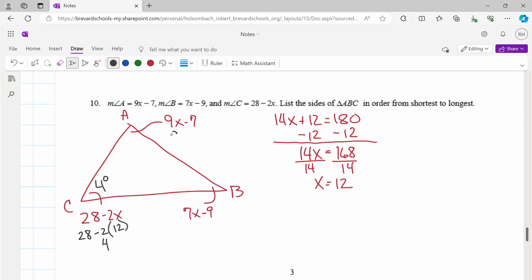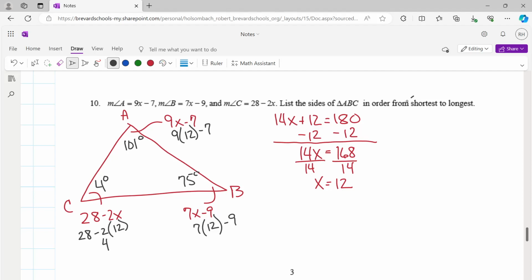Angle A is 9 times 12 minus 7, and I get 101. And then angle B is 7 times 12 minus 9, which is 75 degrees.